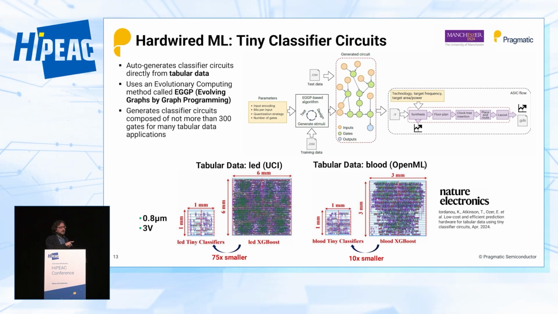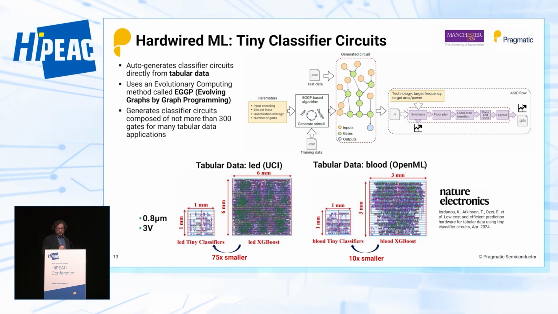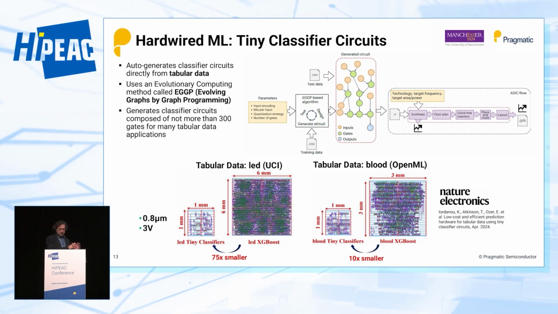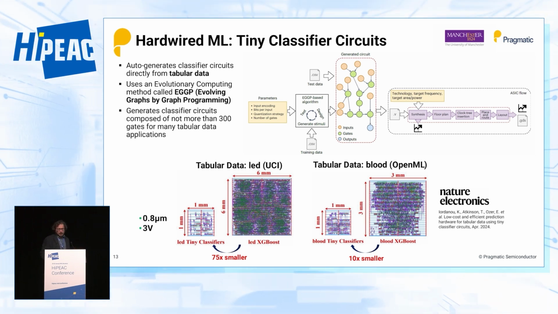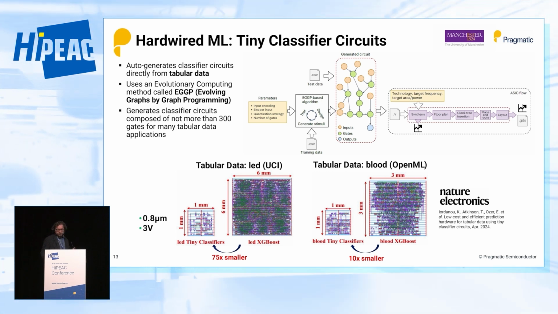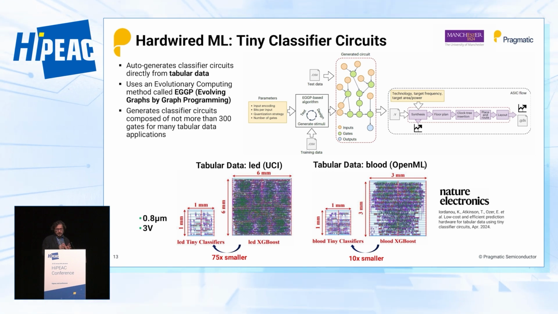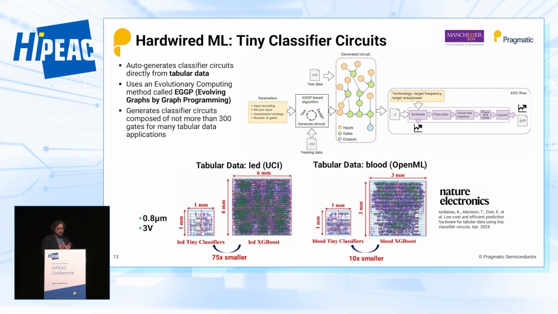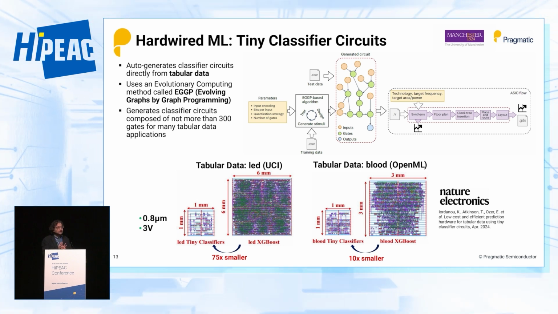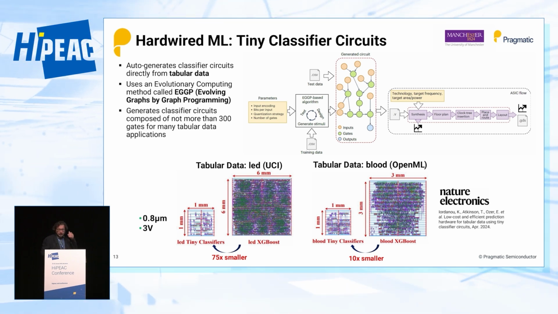The second example is another hardwired ML example. This was again a collaboration between the University of Manchester, but a different group, and Pragmatic. So what's a tiny classifier circuit? It's a circuit representation of an inference engine directly generated from tabular data, so it works for tabular data.